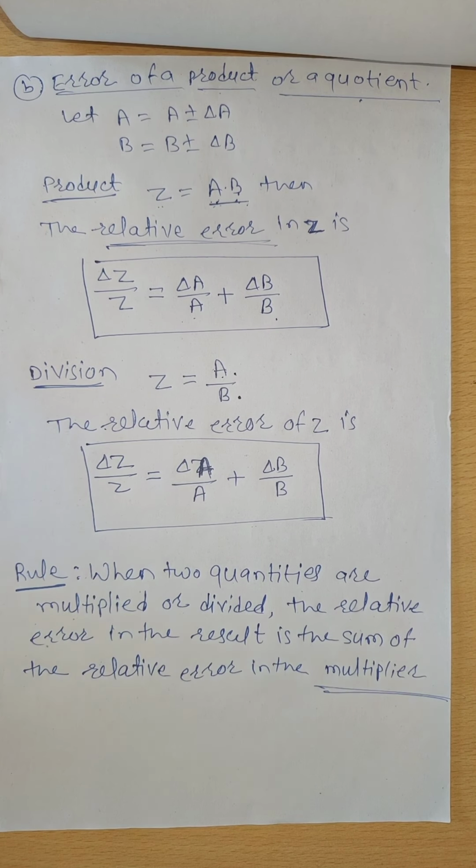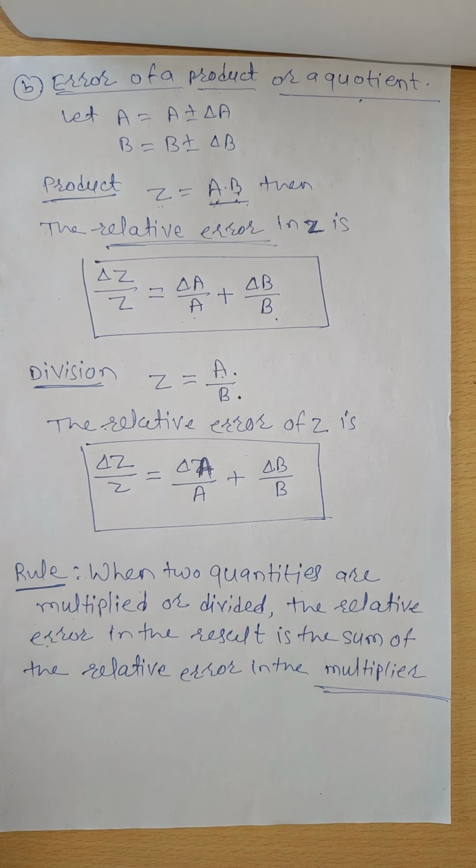Means while we are taking a product or division, the resultant relative error is equal to the sum of the relative errors in the multipliers.